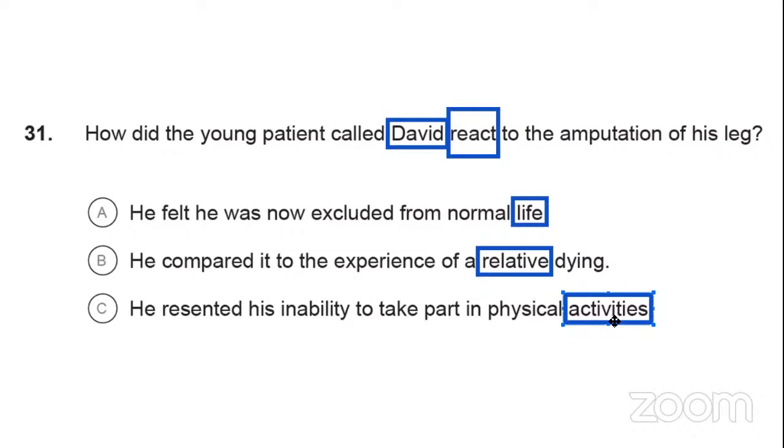And the second style of analyzing the question is his feelings. Second style, his feelings. And here it is a comparison. And here it is his worry. His worry. First one is feelings. Second one is comparison. Third one is resentment.